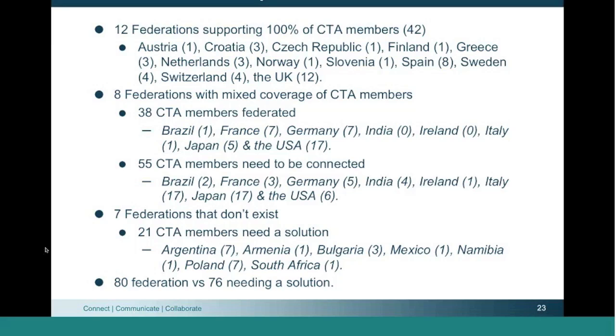Poland is actually in the process of developing an identity federation now. South Africa similarly. So there's even more progress being made. So 80 of the participants have a federation and 76 need a solution. So while the percentage of federations is very high, the actual institutional participation is low.